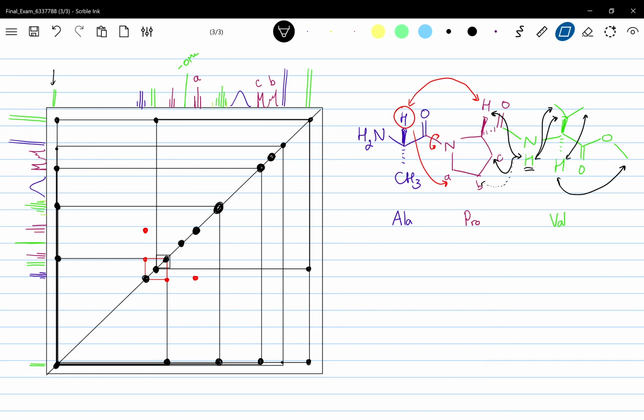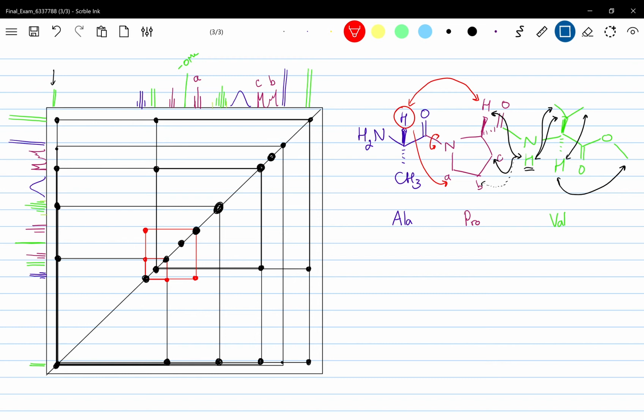So it should be interacting with C, not A. So it should be this one. Okay, yep, okay. Then that is it for the alpha proton.